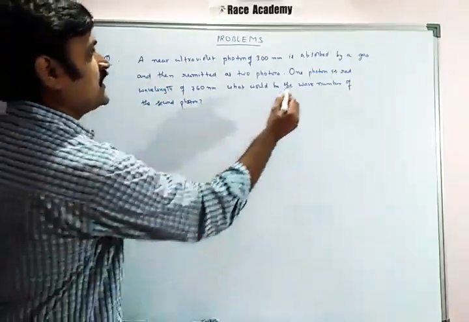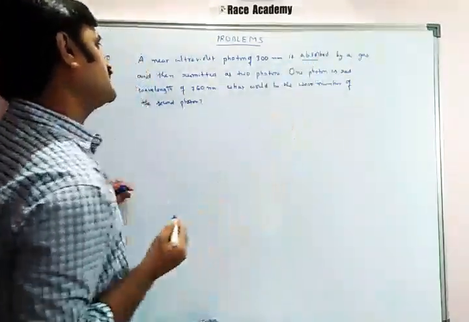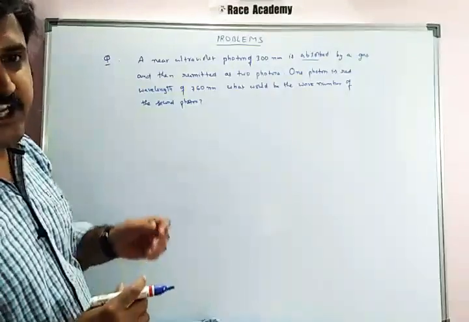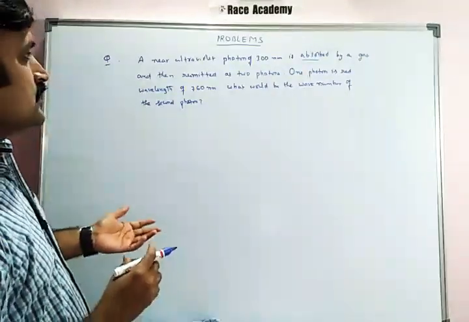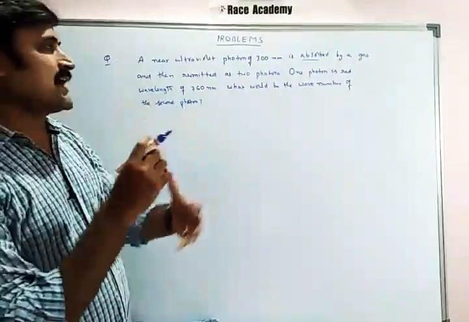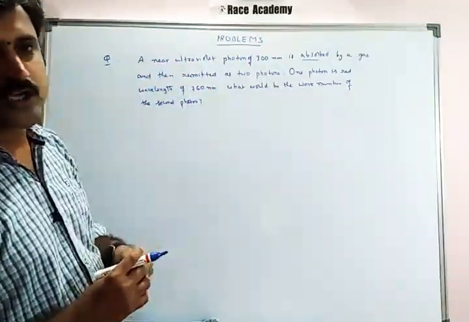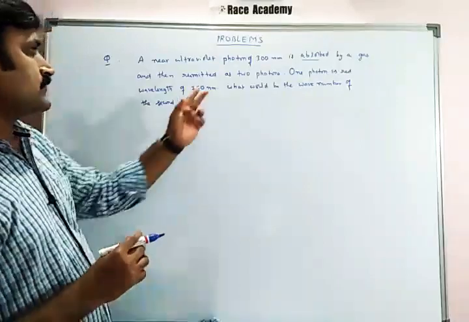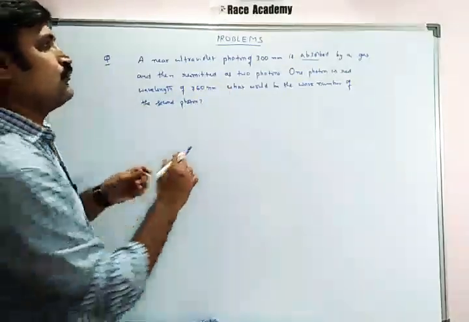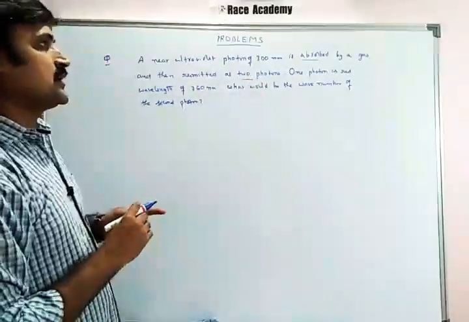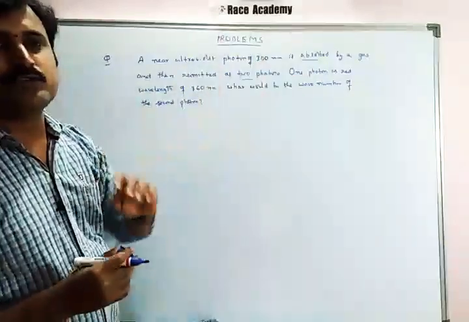Here we need to understand one thing, that how much energy is absorbed and how that is converted, that means re-emitted. How many photons? Two photons. So the total energy of these two photons will be the absorbed amount of energy.